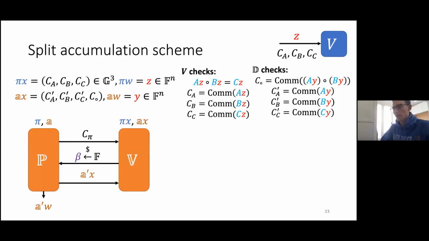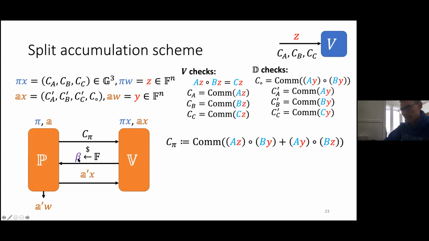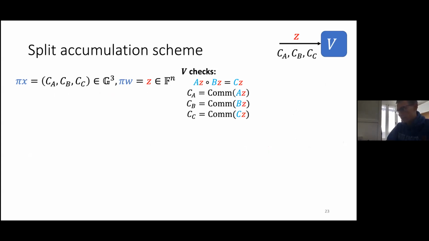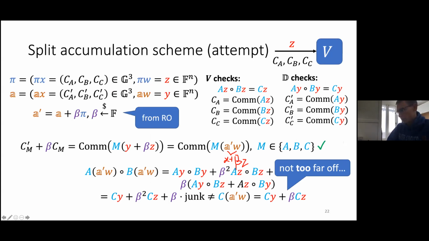So how does our accumulation scheme work now? Well, we still get our challenge beta, but we'll have this additional element, C pi. If you look back at the protocol before, C pi will exactly commit to all of these junk terms, the cross terms from before, and we can commit to them before knowing beta.